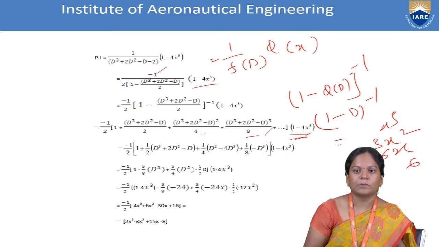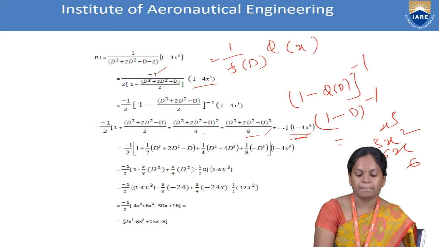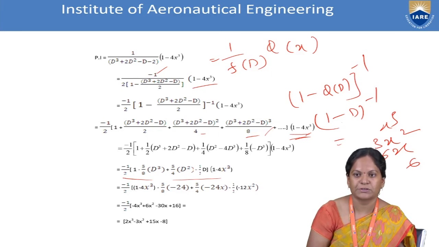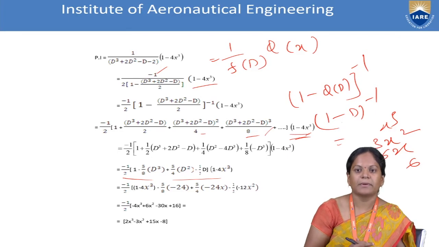Derivation. So now multiply 1 minus 4x cube into this one, we'll get minus 1 by 2 into 1 minus 5 by 8 into d cube plus 5 by 4 into d square minus 1 by 2 into d into 1 minus 4x cube. We'll consider what are the possibilities only. So minus 1 by 2 into multiply both the terms.